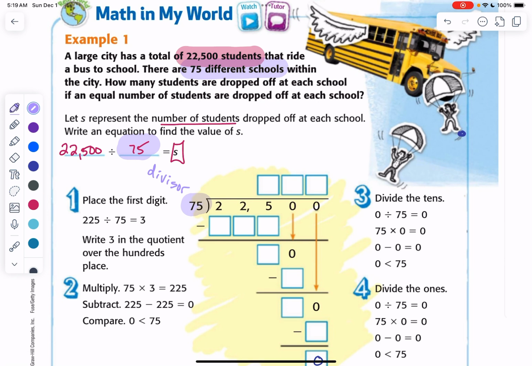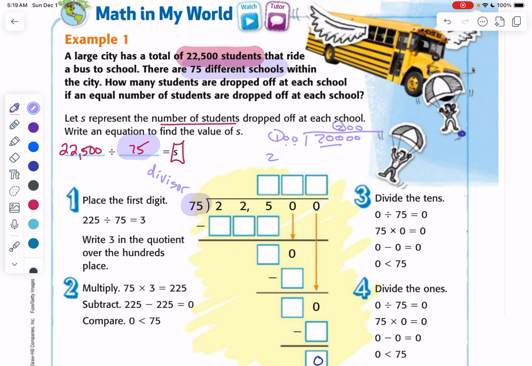You could do 22,500, or I should say 20,000, sorry about that, divided by 100. Okay? This is going to be a rough estimate, meaning it's not going to be super close to the actual quotient, but it will give us an idea. 100 goes into 200 two times, and then 2 zeros. 2 times 1 is 2.